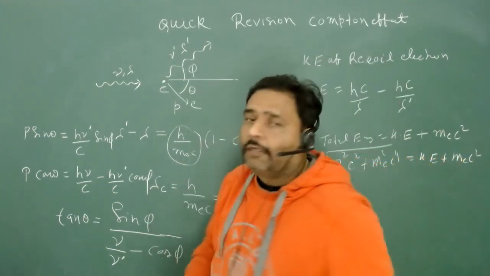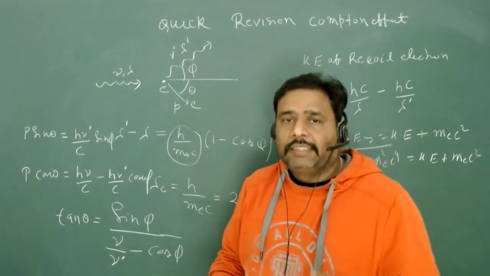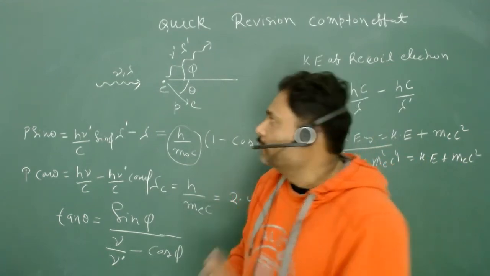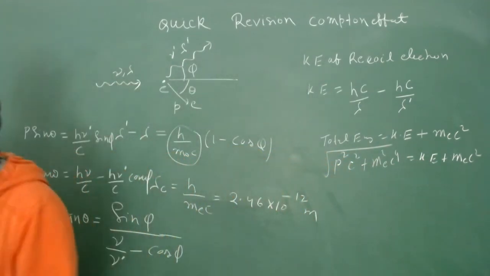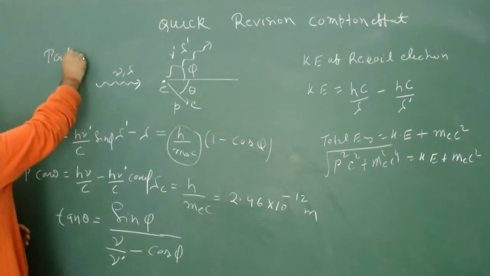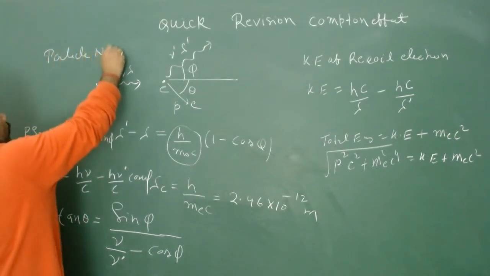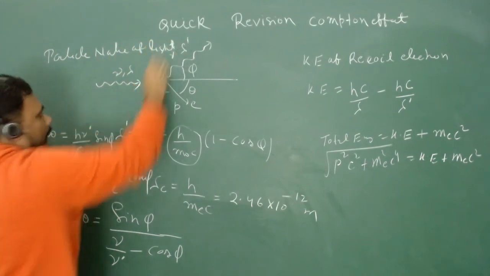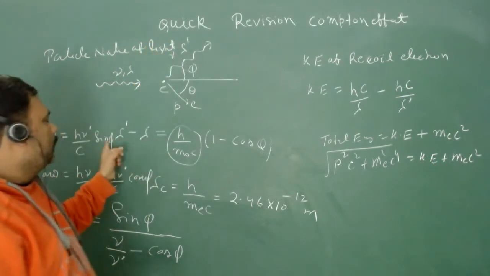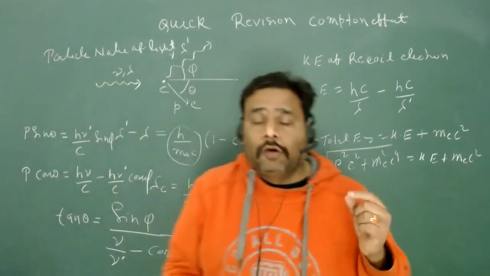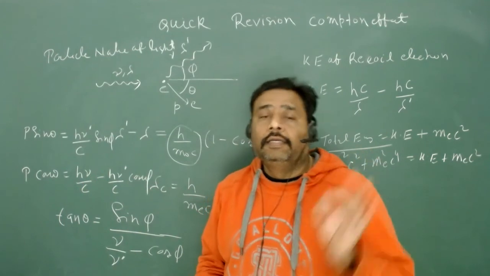And this Compton effect tells you all about the particle nature of light. So the conclusion is that this is the particle nature of light. And this change in wavelength does not depend on the incoming wavelength.